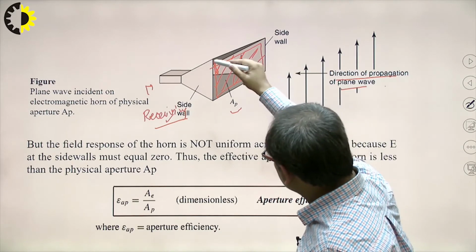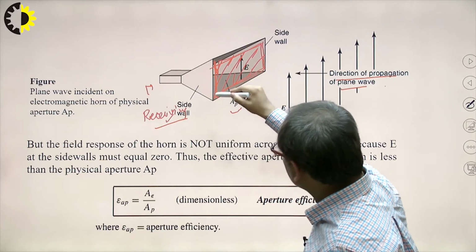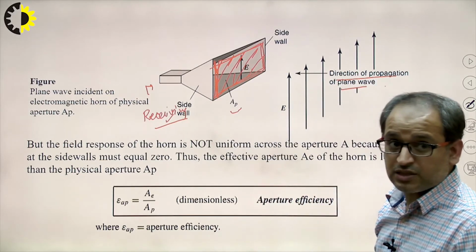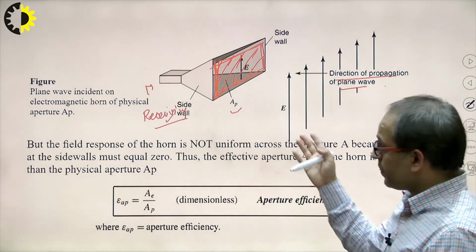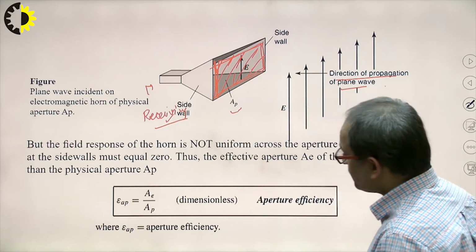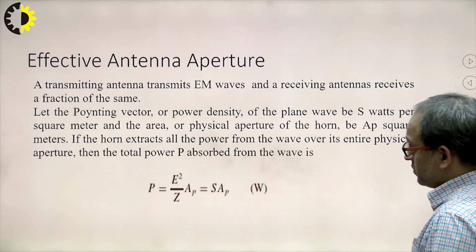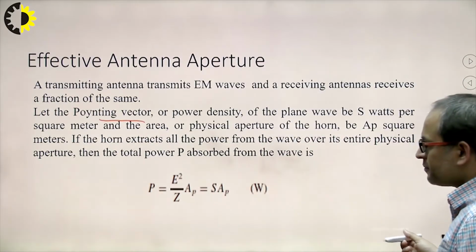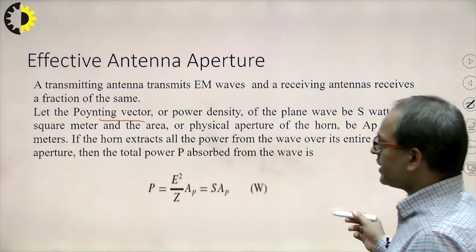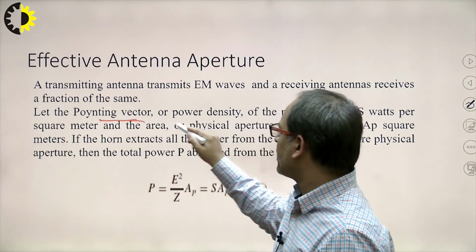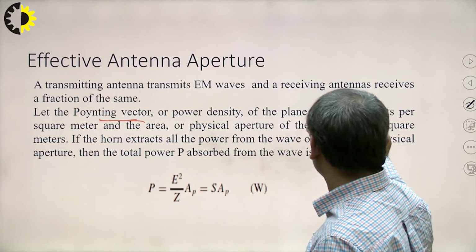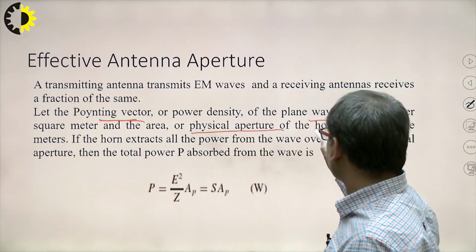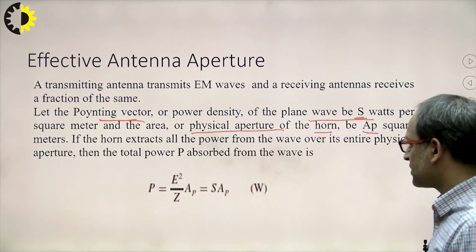This is the physical aperture area from which the waves get inserted into the antenna. Let the Poynting vector power density of the plane wave be S watt per meter square, and the physical aperture area of the horn antenna be AP.